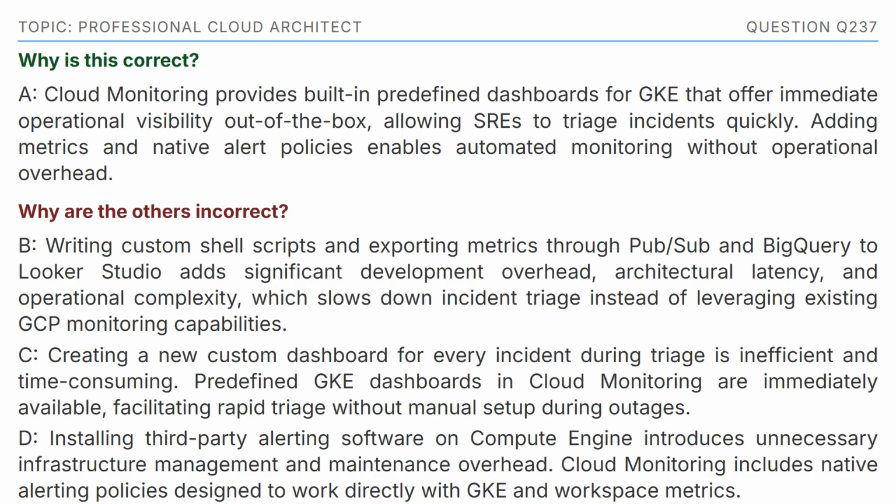Predefined GKE dashboards in Cloud Monitoring are immediately available, facilitating rapid triage without manual setup during outages. D. Installing third-party alerting software on Compute Engine introduces unnecessary infrastructure management and maintenance overhead. Cloud Monitoring includes native alerting policies designed to work directly with GKE and workspace metrics.